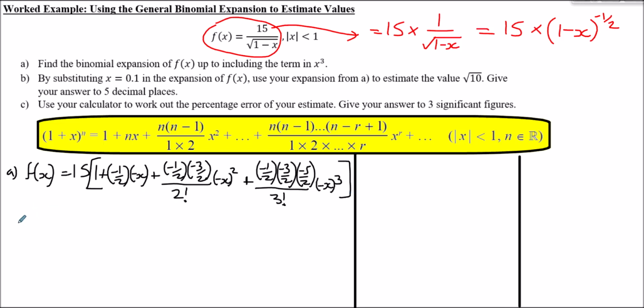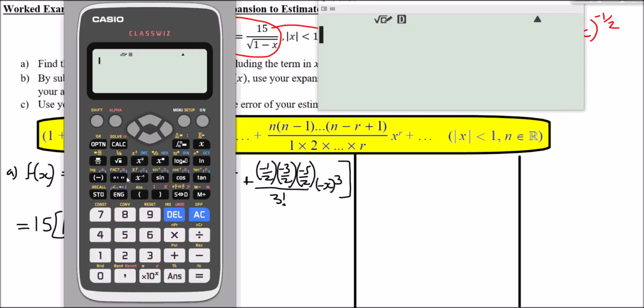So again, this can obviously be much neatened up. So we've got 15, then in these squared brackets we've got 1. Minus half times minus x is plus x over 2. This next one, again we're going to have a positive, so the half times 3 over 2 over 2 factorial. It says minus a half, doesn't it?